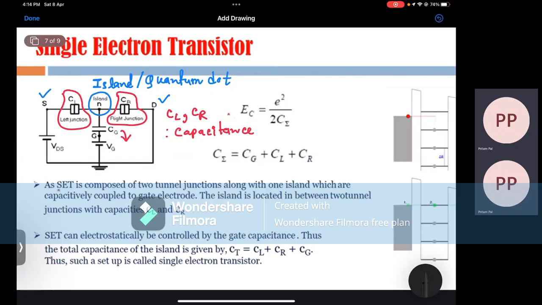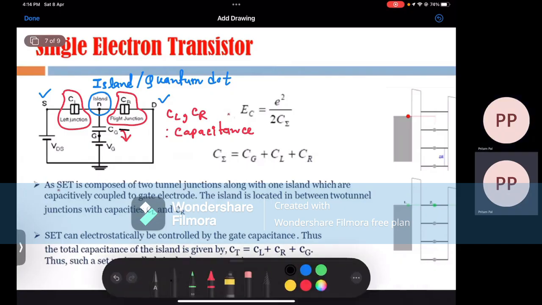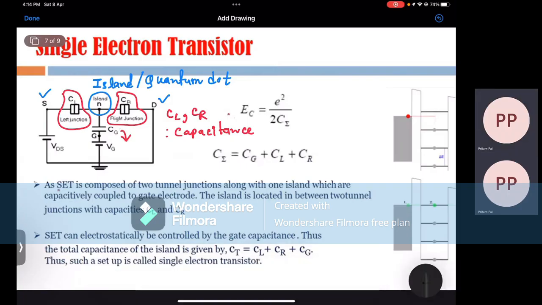This is the gate voltage, as I already mentioned, and this is the gate capacitance. It's written here. So this island is capacitively coupled to source and drain with the help of the junction capacitances, and the gate is also coupled with the help of this gate capacitance, right?